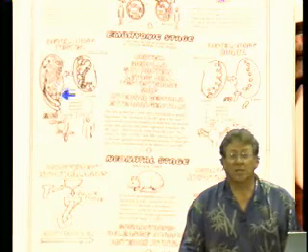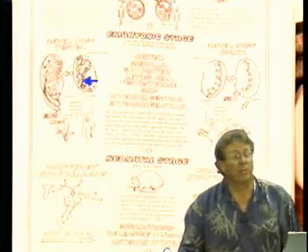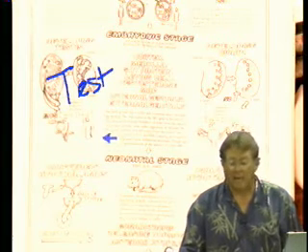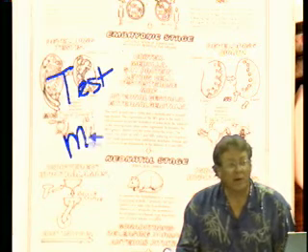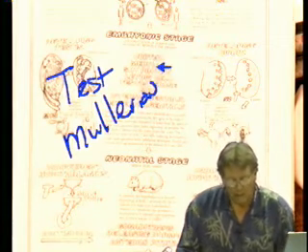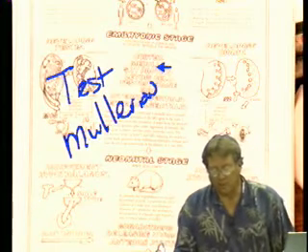As the testes starts to develop, it is producing testosterone and a Mullerian inhibiting substance.